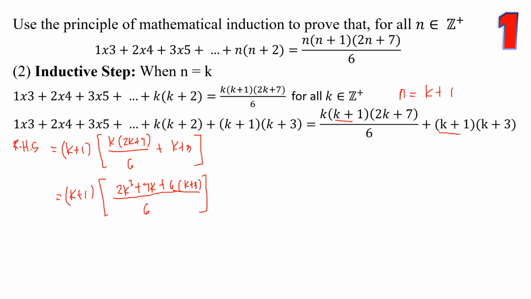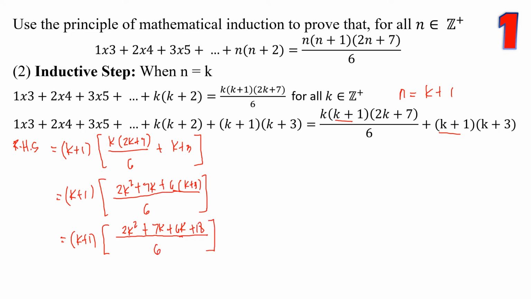Let us distribute 6 to k plus 3, then we will have k plus 1 times, in the numerator, 2k squared plus 7k plus 6k plus 18 all over 6.